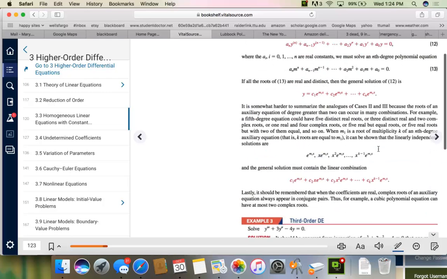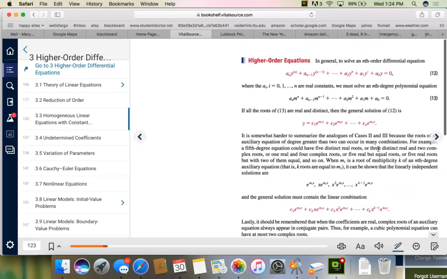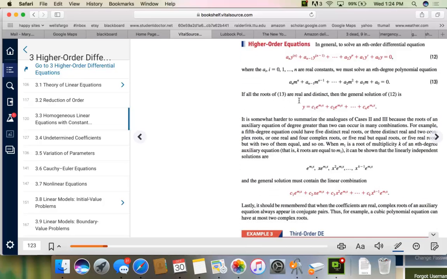Let's talk really briefly about higher order differential equations, and then we'll call it done for this video. If you have a higher order differential equation, let's say the general solution is going to look like this. The general solution will be a sum of exponentials. So what you have to determine is, what are your m's? Are they real?